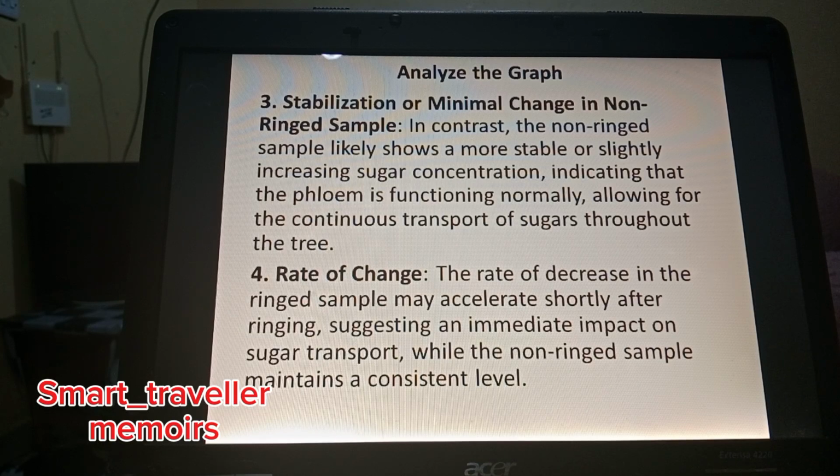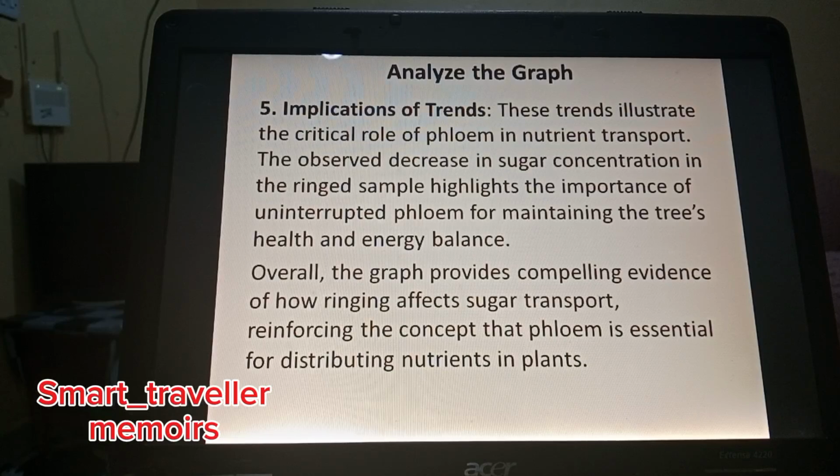The rate of decrease in the ringed sample may accelerate shortly after ringing, suggesting an immediate impact on sugar transport, while the non-ringed sample maintains a consistent level. Implication of the trends: these trends illustrate the critical role of phloem in nutrient transport.